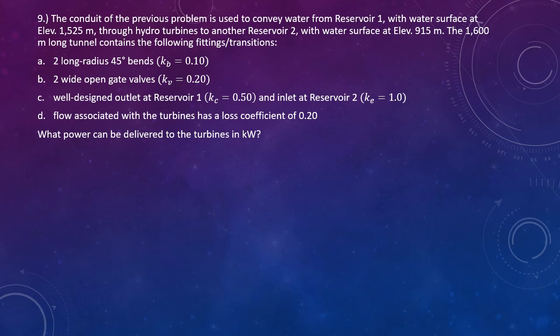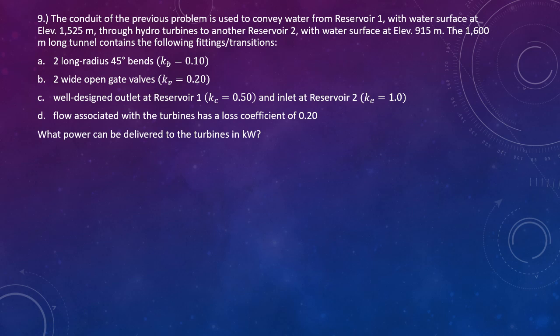A. 2 long radius 45-degree bends with a coefficient of bend equal to 0.1. B. 2 wide open gate valves with a coefficient of valve equal to 0.2.